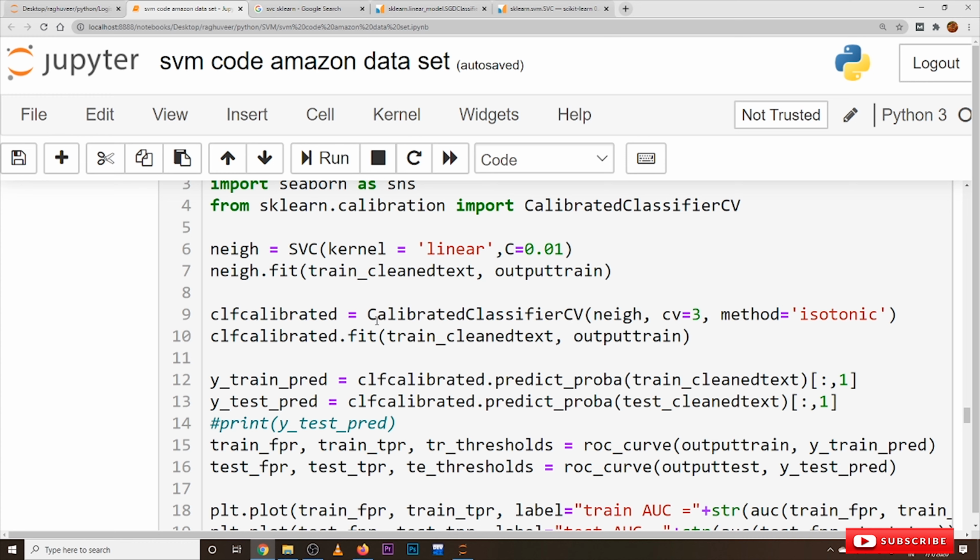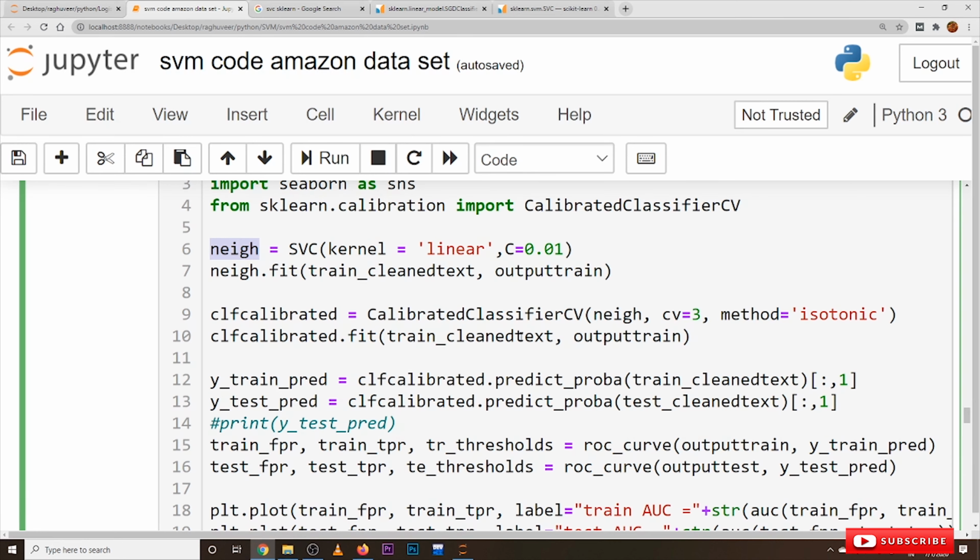This CalibratedClassifierCV class can generate the probability scores. For this, we send in our model, and it will generate the probability scores. What logic it uses, we will discuss after completing all our models. For now, just remember CalibratedClassifierCV is used for generating the probability scores.